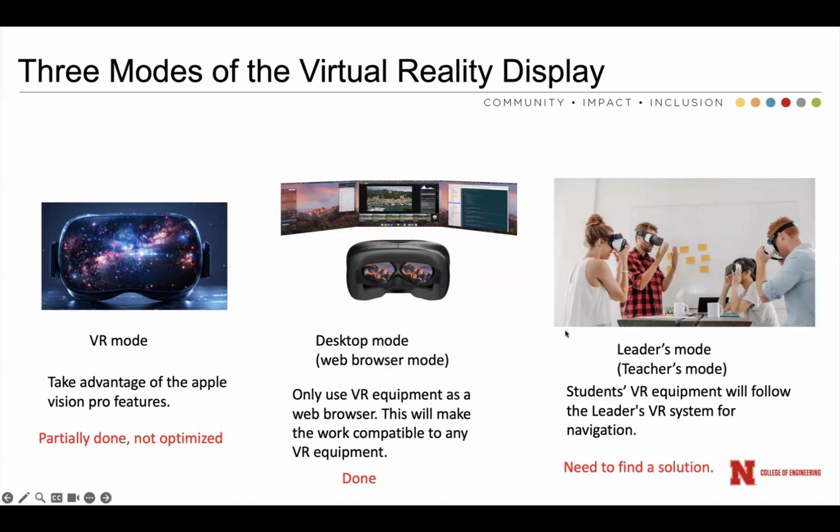And what's more important, there is another leaders mode. The teacher can play with something and the students can follow. Now, at this moment, our system already implements the web browser mode pretty much everything. Now, the VR mode is ongoing, but needs a lot of optimization perhaps, and we do need good solutions for the leaders mode.